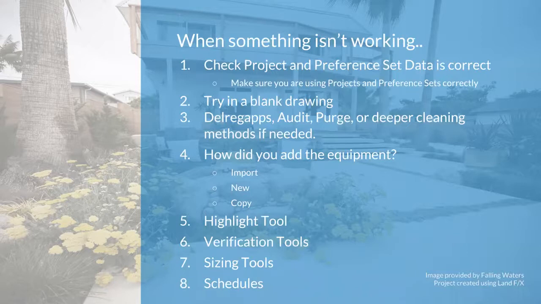And then down there, 5, 6, 7, 8, using the basic tools, we're going to go through several different combinations of those, but using those highlight tools and the verification tools and even the sizing tools to see how things are functioning in the system is definitely going to be a big key.